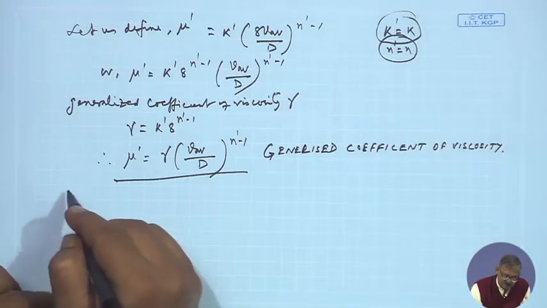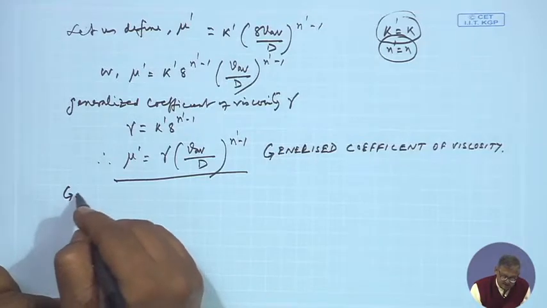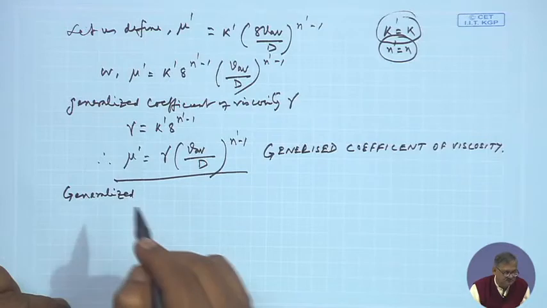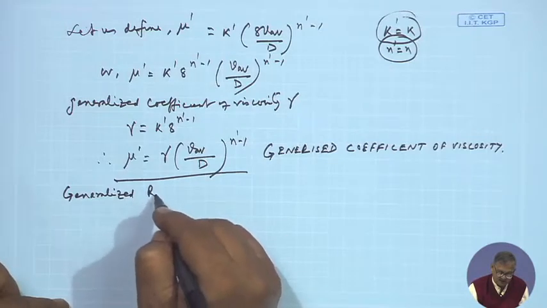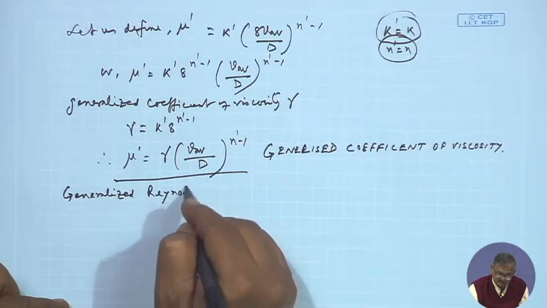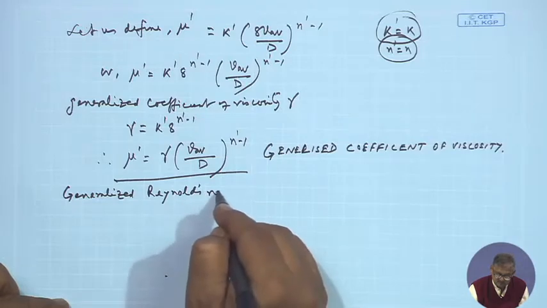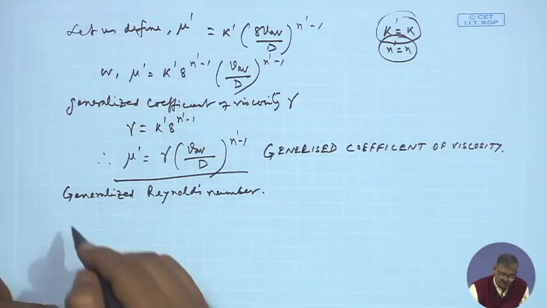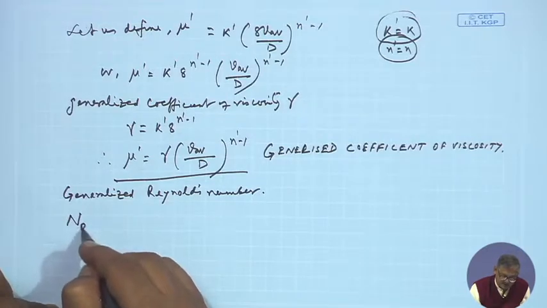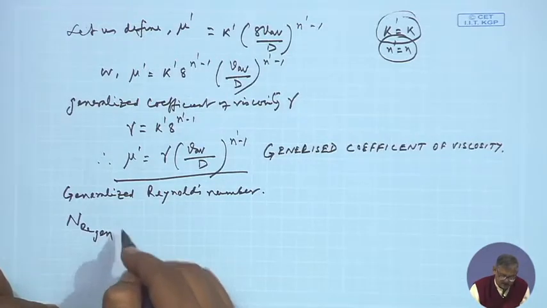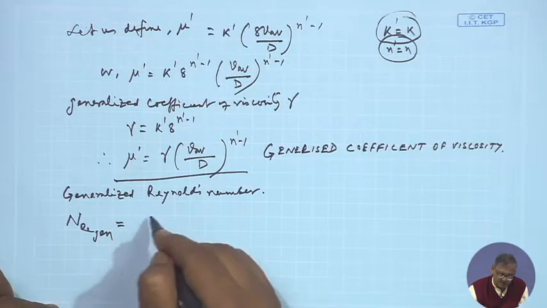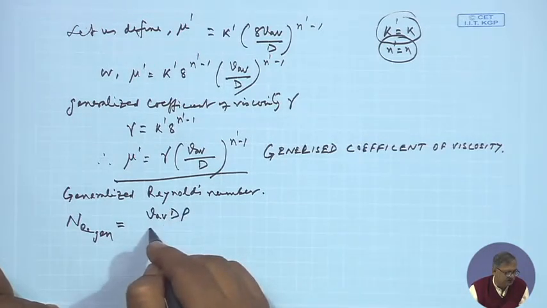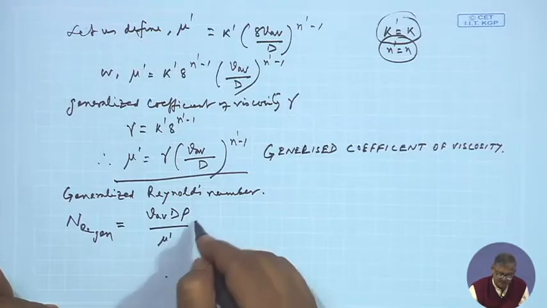Now, if we define the generalized Reynolds number, N R E general, this we can write is nothing but V average d rho by mu prime.